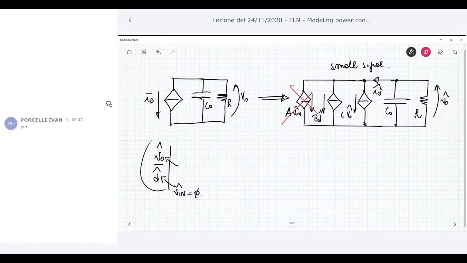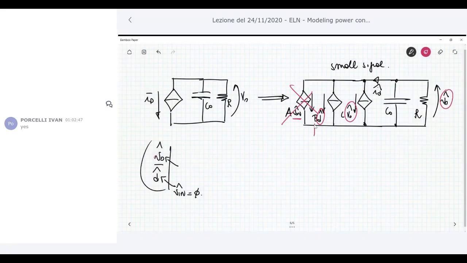I want just to derive the relationship between V naught and the duty cycle, and so in order to do that, I have to cancel out the variation of V in. In this way I can derive this transfer function.